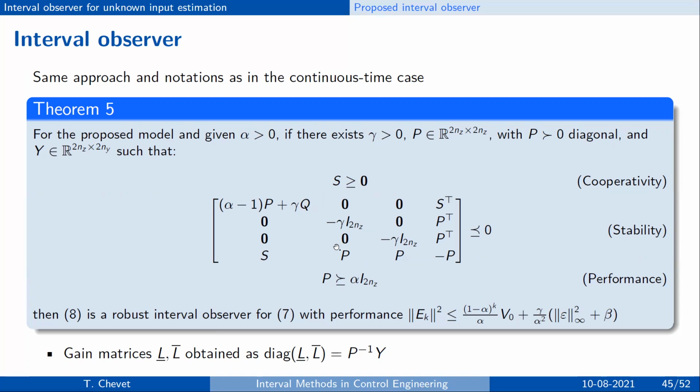This linear matrix inequality is obtained for boundedness of the estimation error, and this one is to get this performance here, with the norm of the estimation error being bounded by a vanishing term and a constant term. Then again, the observer gains are obtained by taking this product here of the decision variables of the optimization problem.